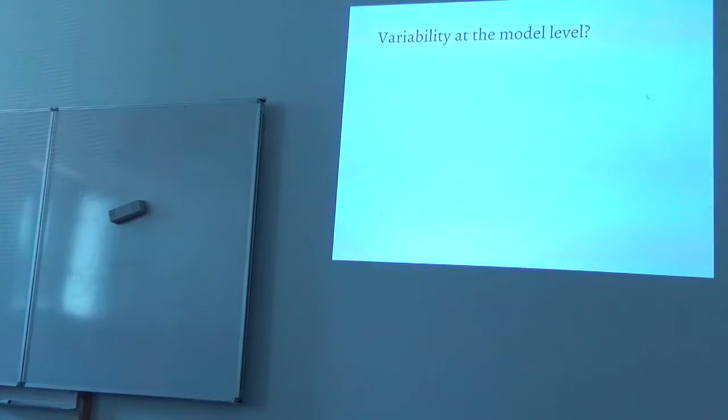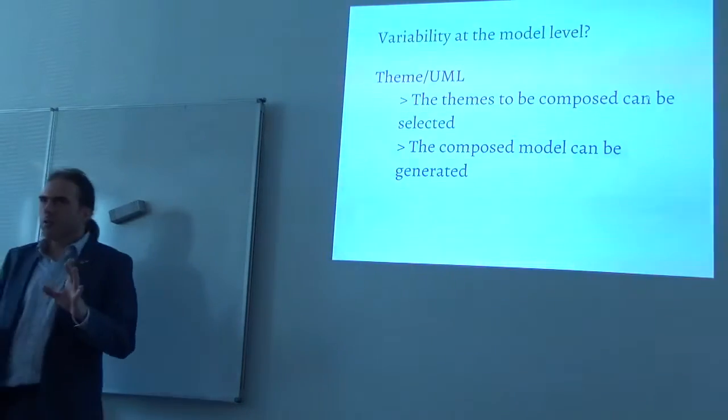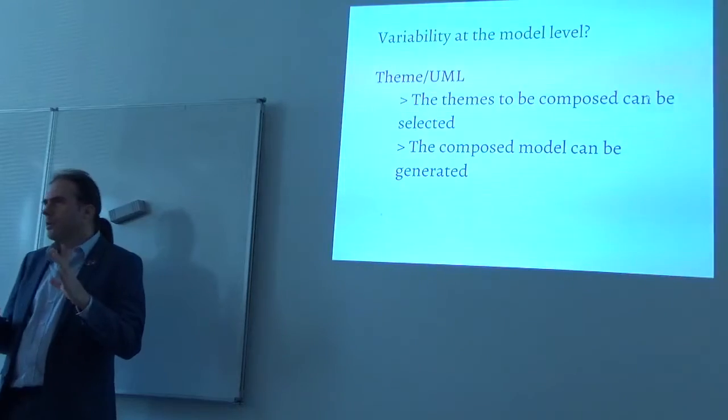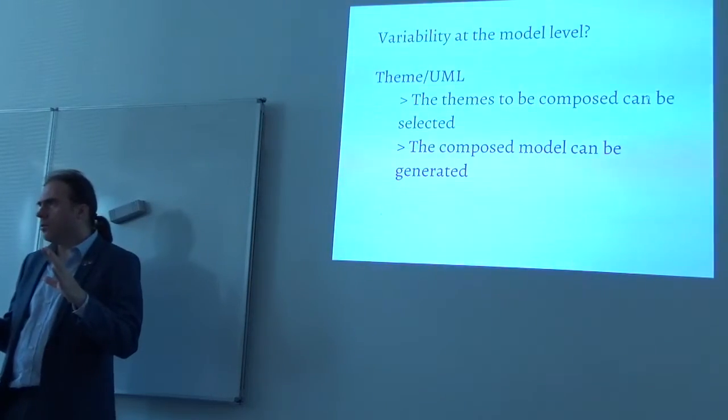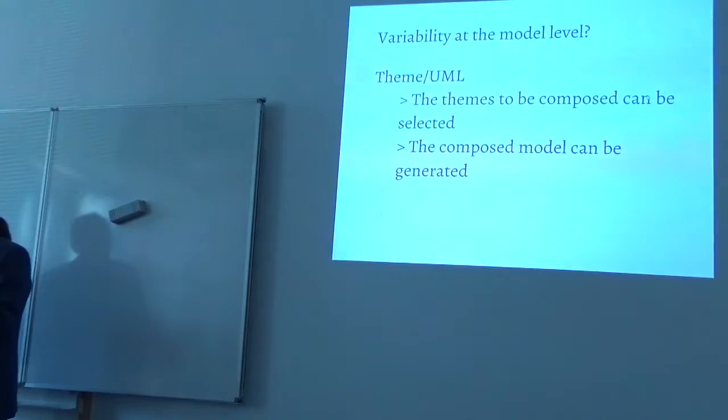Well, we go here to another thing. How to approach variability at the model level. So we talked about features, a kind of high level, very abstract model, and then there is code. But typically, when we develop software, there are levels of modeling in between.